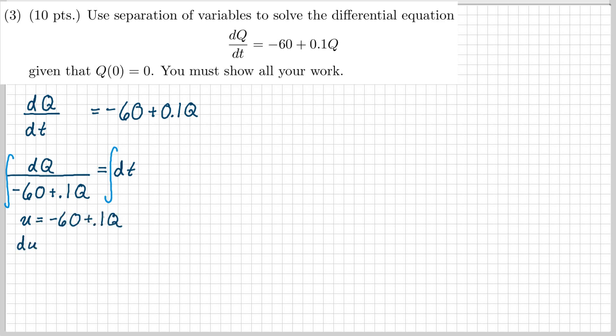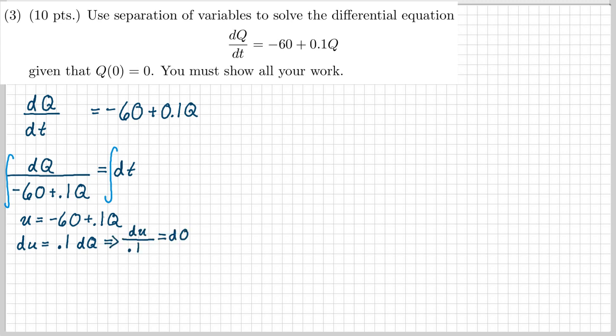The left-hand side, I'm going to want to do a u sub. So I let u equal the denominator. So the du is 0.1 times dq. And a lot of people skip this step, which is fine. But because there are reciprocals and stuff involved, I get confused. So I never skip it.